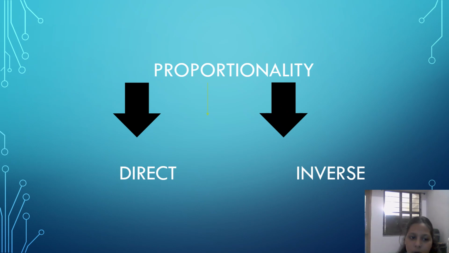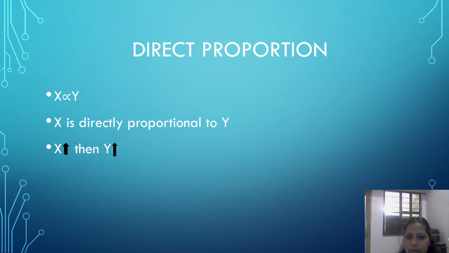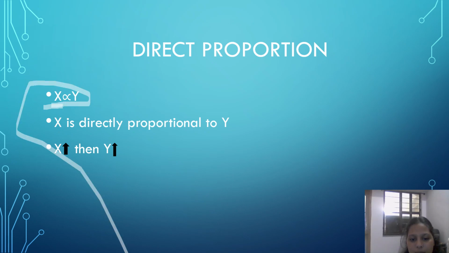So what is an inverse? Here you will see, there is basically direct proportion and inverse proportion. Direct proportion is x proportional to y, right? As it's written there, x is proportional to y. So what does this mean?